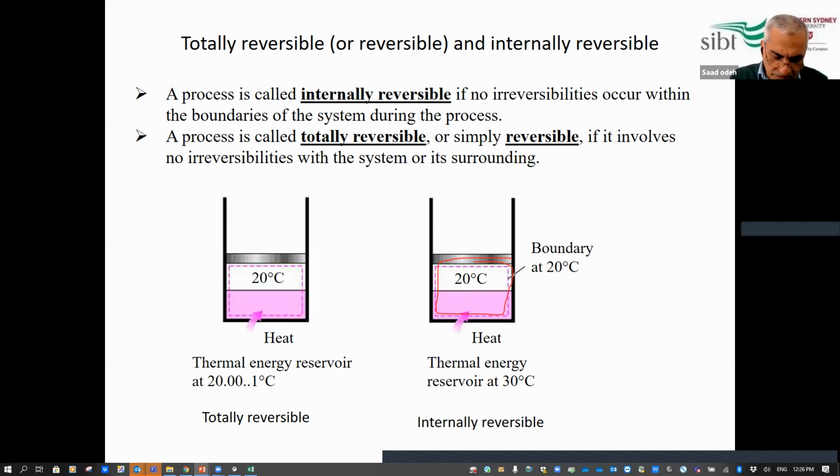And totally reversible when there is no difference between this and the surroundings. The surroundings at 20 and inside 20, then we call it totally reversible, because actually the heat is not transferring in a massive amount. It's a slight change, like 0.0001, which is negligible. So the heat is not transferring in a big amount, a very, very limited amount. Okay.